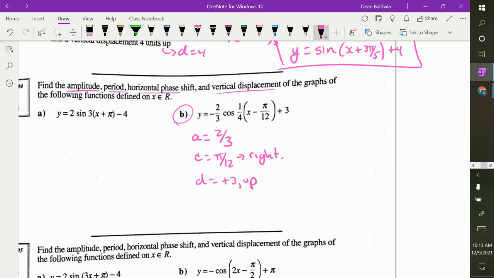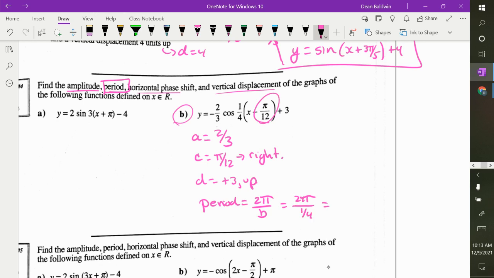They didn't ask for the B value. They asked for the period, right? So how do you find the period? Period is equal to 2 pi over B. So you have to use this formula, okay? So it's 2 pi, and it has to be in rads because we're in rads here. 2 pi over a B value, which is 1/4.